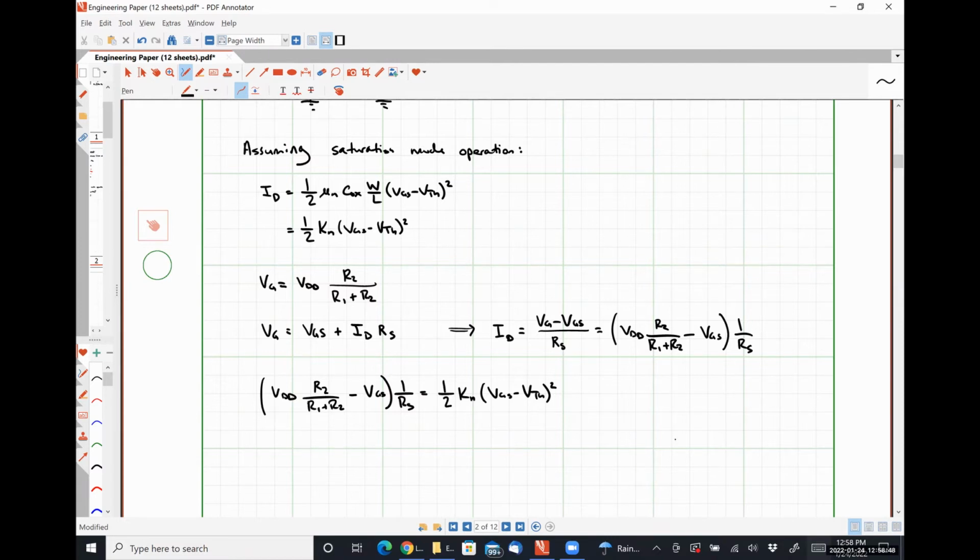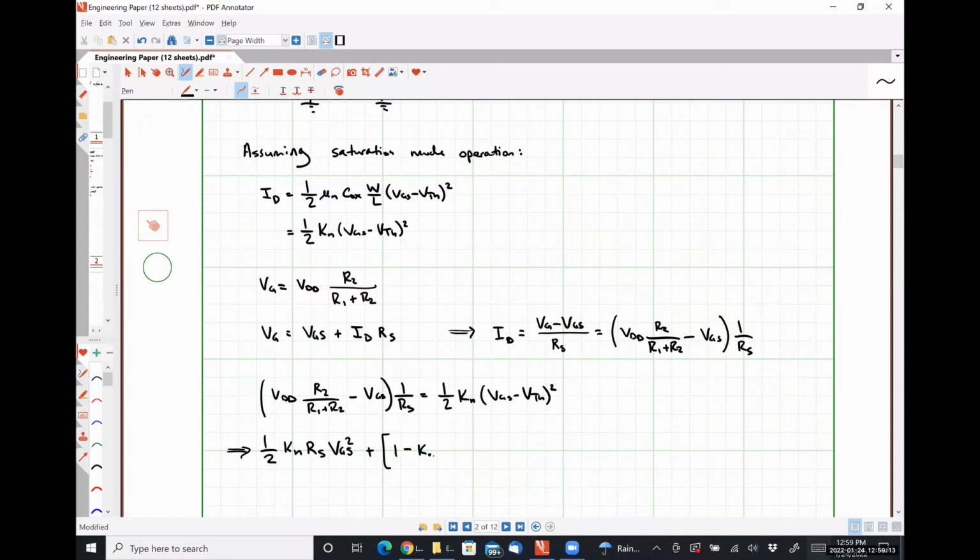And so by expanding this and rearranging, what we find is we'll get 1/2 Kn RS VGS squared plus 1 minus Kn RS VTH times VGS plus 1/2 Kn RS VTH squared minus VDD times R2 over R1 plus R2 equal to 0.